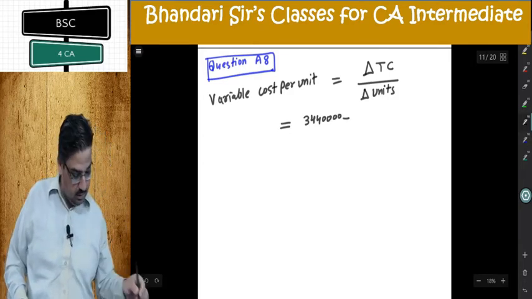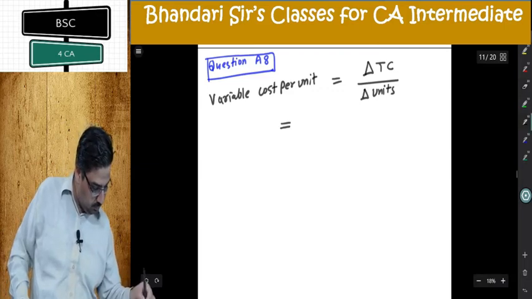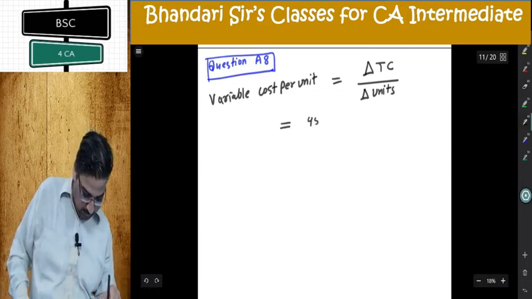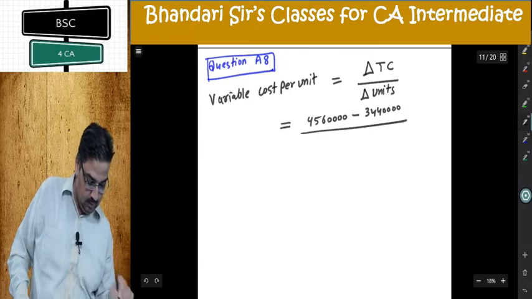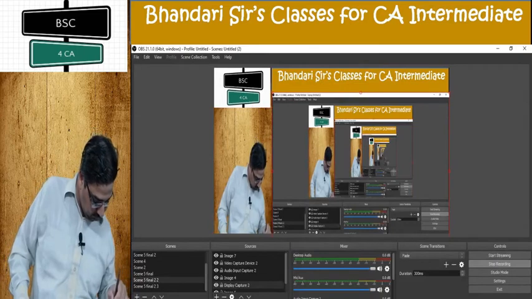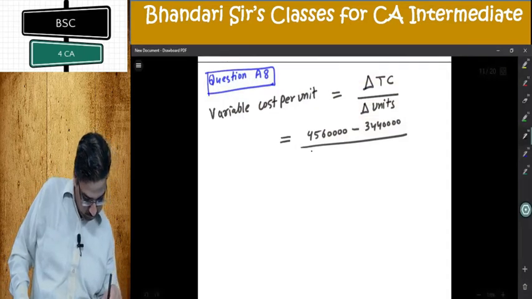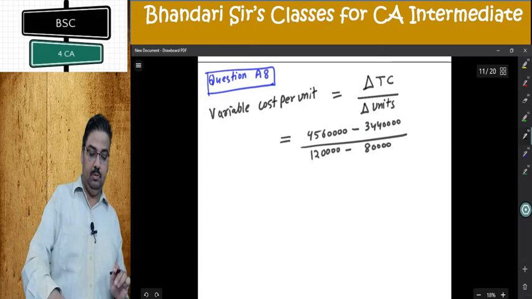Bigger one first: 45,60,000 minus 34,40,000, divided by 1,20,000 units minus 80,000 units.